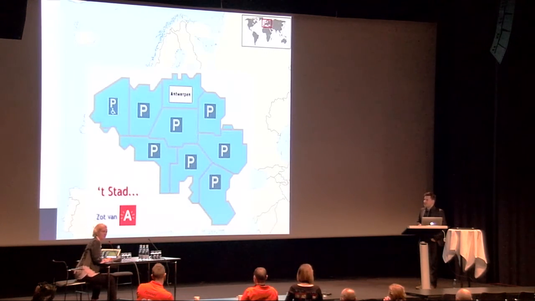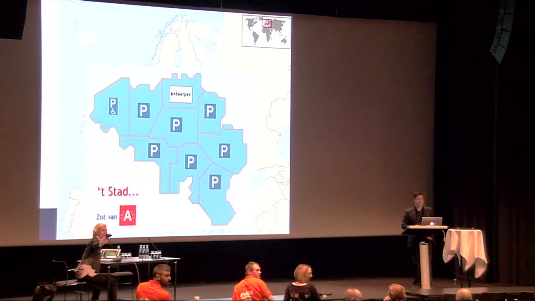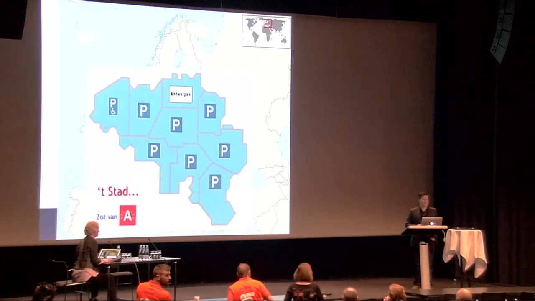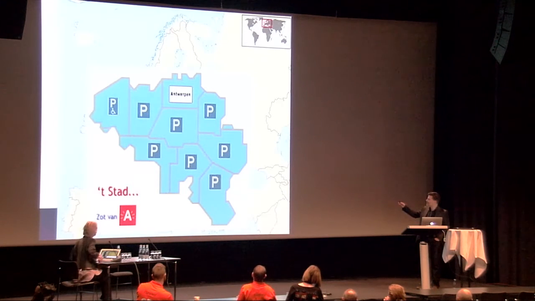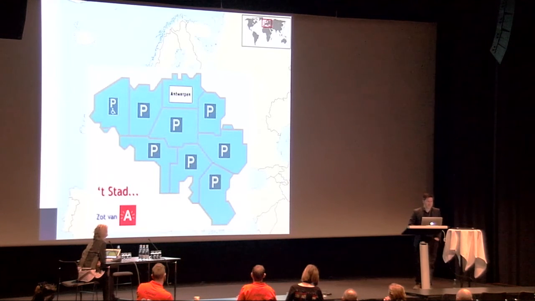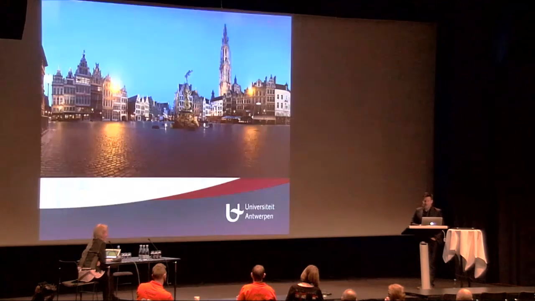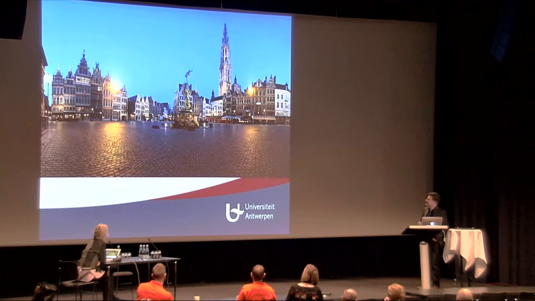Okay, so I'm just giving a close-up of Belgium. You can see, of course, Antwerp and our great parking spots. In Antwerp, we also have a very nice university and a very nice city. You see here our city, Antwerp. It's one of the most beautiful cities of Europe, after Kolding probably, famous for our diamonds and famous for our symbol here, which, if you take a closer look, is an overhead athlete.